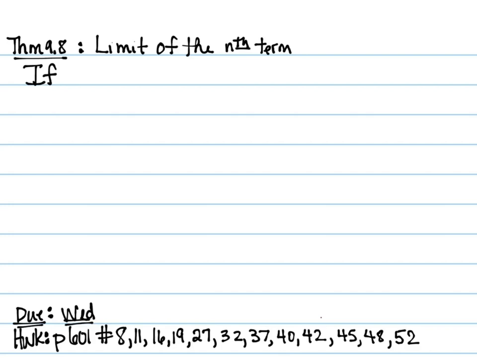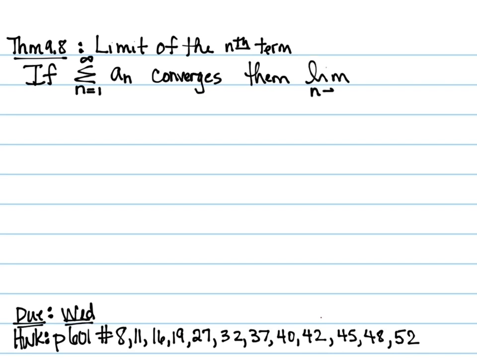It is always true that if we have a converging series, n equal 1 to infinity, n equal anything, 1's not special, we're just using it, n equals a constant to infinity of our sequence a sub n, and it converges, then that means that the limit of the sequence, the terms without the summation, is 0.